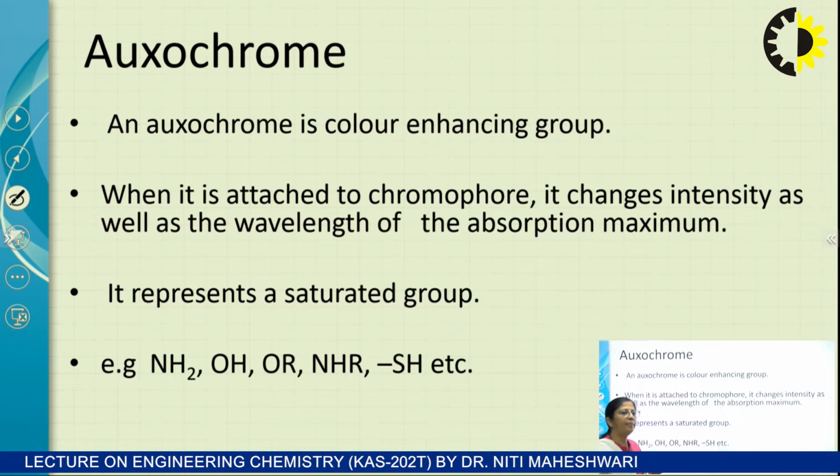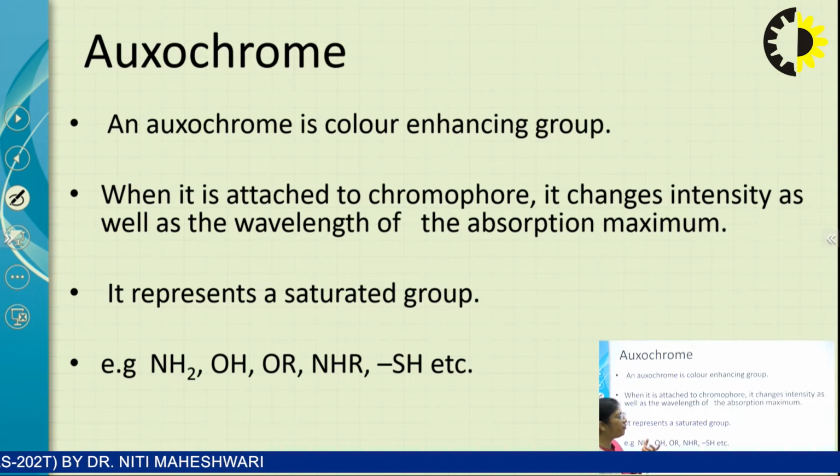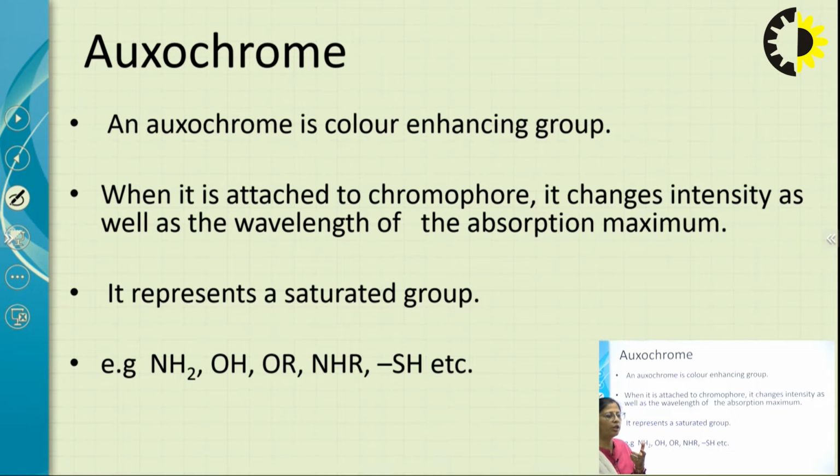Chromophores are color imparting groups, that means if the chromophore is not present in the molecule, it is not going to show color. But in addition to the chromophore, if an auxochrome gets associated with the chromophore, then it increases the intensity as well as the wavelength of the absorption maxima. Now here I am going to show you one example.